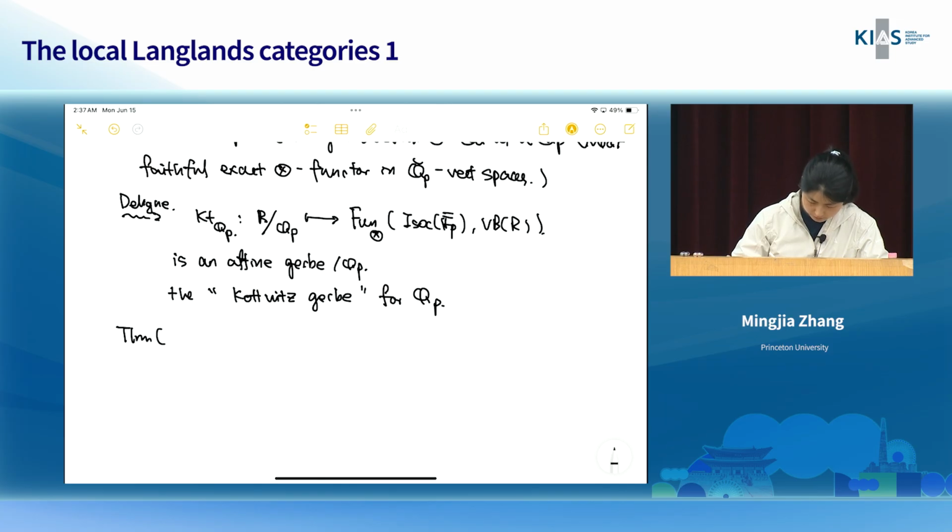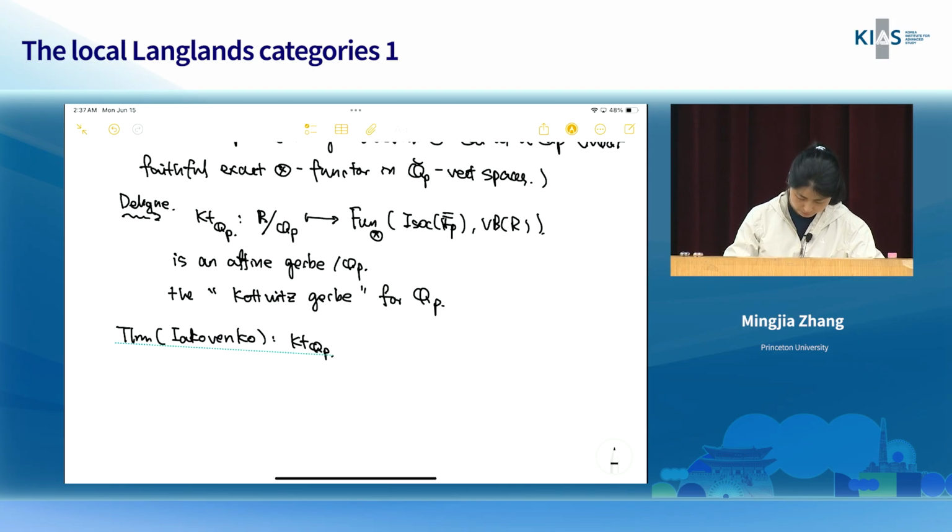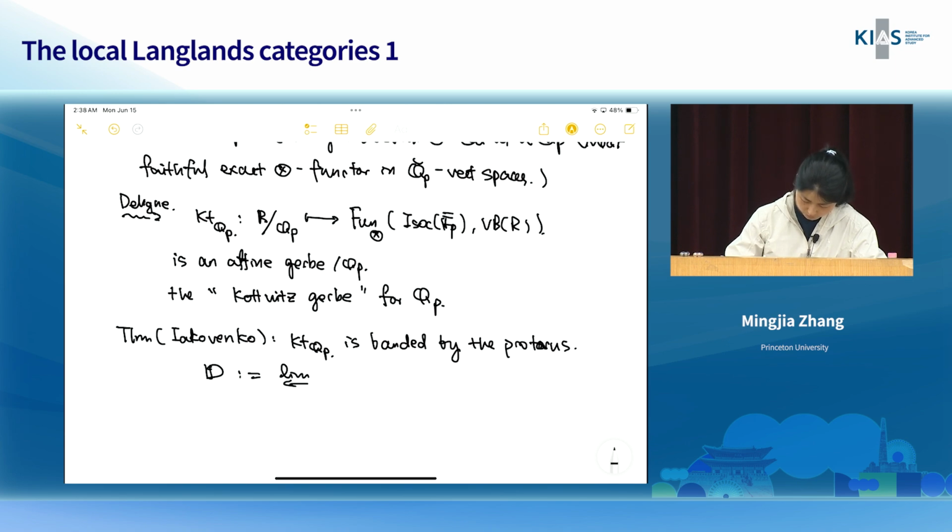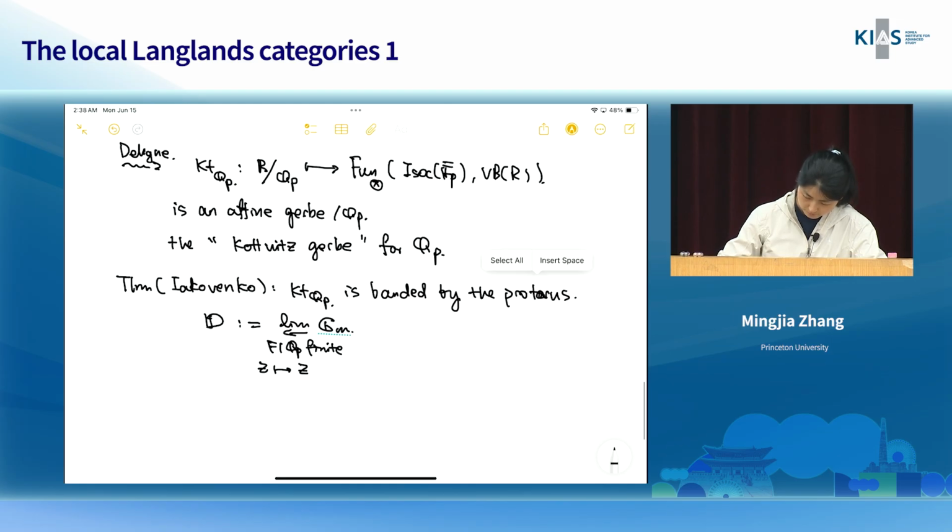Right. So in general, the structure of a gerbe might be complicated, but in this case, it's a result, already probably one can say due to the Dieudonné-Manin classification, but written this way, it's the theorem of Kottwitz, which says that this gerbe is banded by some abelian group scheme, the pro-torus D, which is the inverse limit of the multiplicative group over all finite extensions of Q_p, where the transition maps are just raising the parameter to the power of the degree of this finite extension.